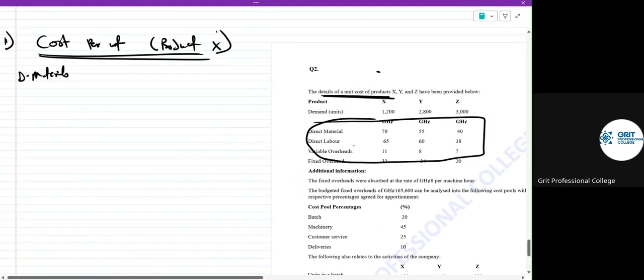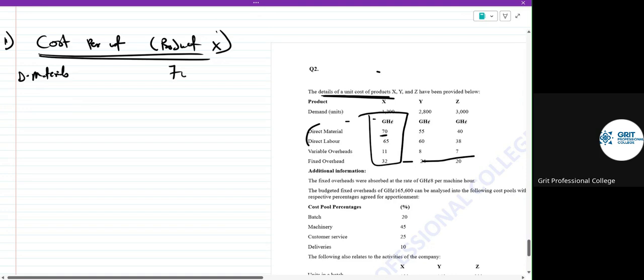Okay, so our attention will just be on product X. Let me do that quickly so that we don't waste so much time. Focus on this, please. Direct material cost per unit is 70. We have direct labor. That is 65.